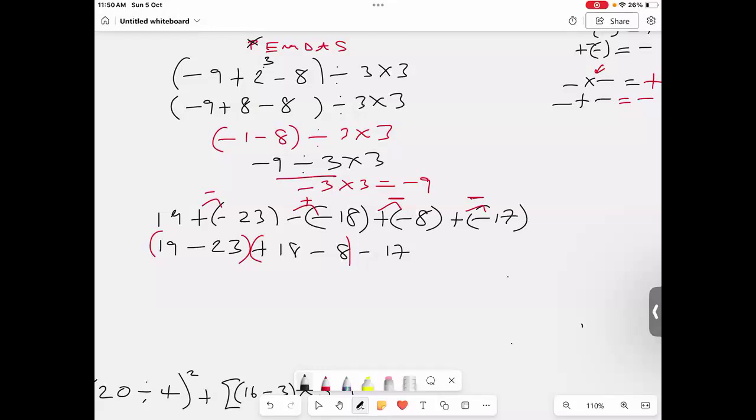So 19 minus 23 works out to be negative 4, because you owe 23 and you only have 19. Paying the 19 that you have, you end up owing only 4. 18 minus 8 is going to be positive 10, because you have 18 and you owe 8, you pay the 8 that you owe, and you still have 10 left over, minus 17.